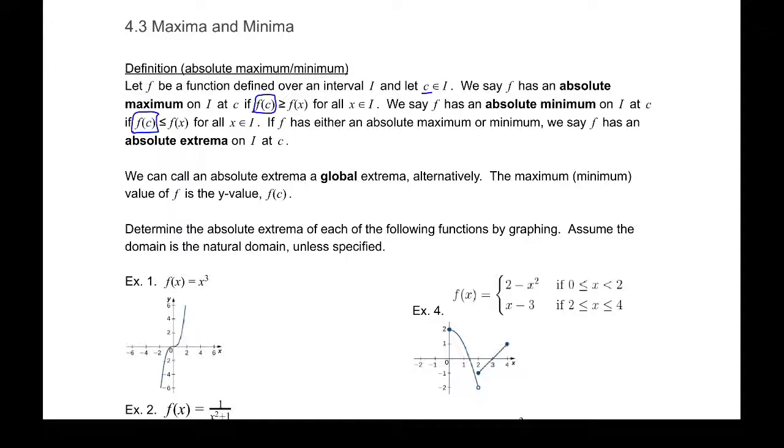You can also call them global extrema, meaning it is on the entire domain. Again, our maximum or minimum y value is our extrema. We can definitely say when they occur, so we'll try to say that as we go through here.